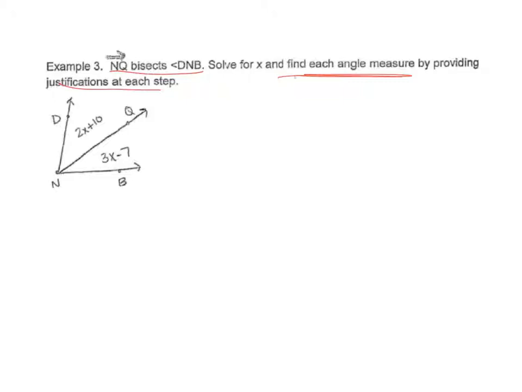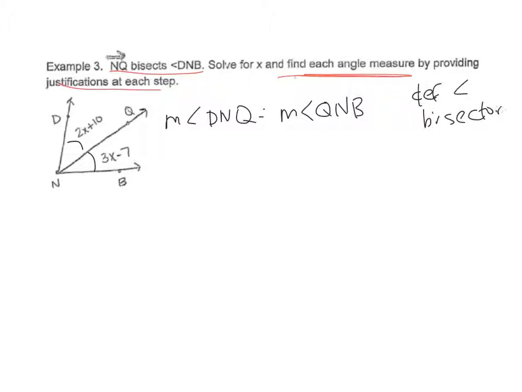So we can start by, if we know that NQ is the bisector, then we can say the measure of angle DNQ is equal to the measure of angle QNB by definition of angle bisector. Now we can substitute 2x plus 10 equals 3x minus 7 by substitution.